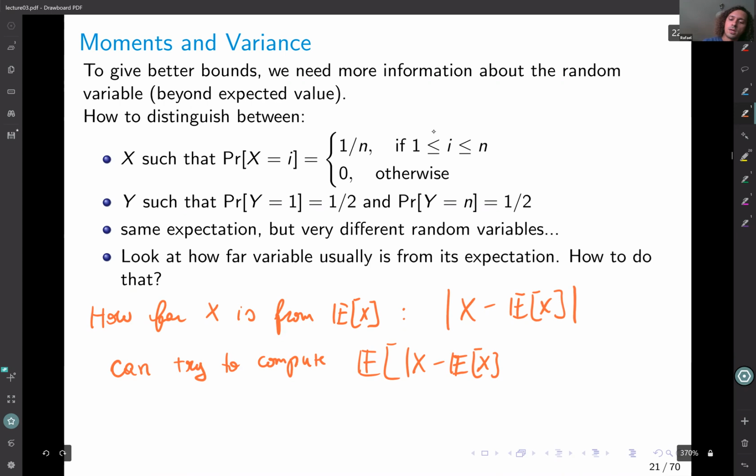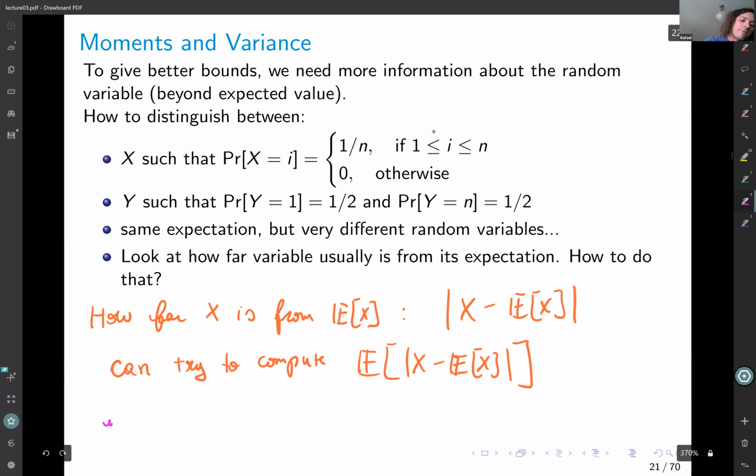Now, if we compute this expectation, we would expect that if the variable is always close to its expectation, then this new random variable has a small expectation. And if I'm always far from the expectation, then we should expect this quantity to be large. Does that make sense? That's the intuition.